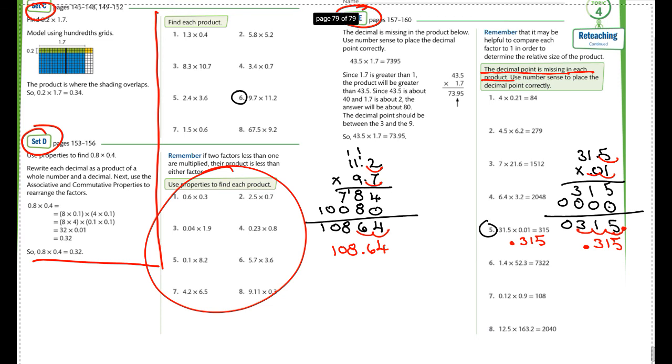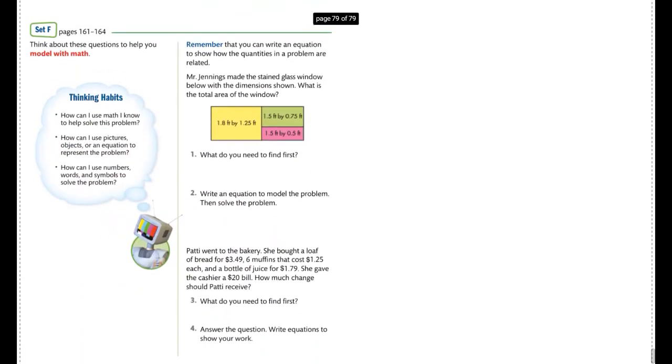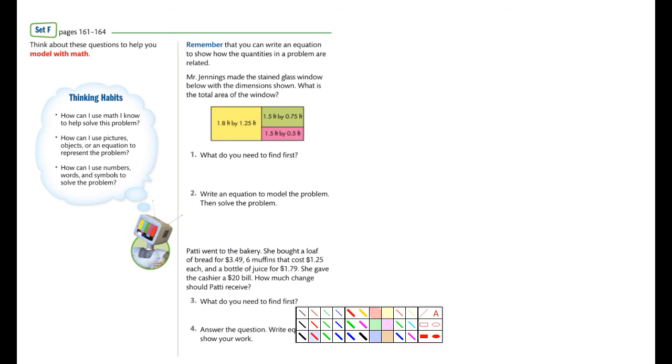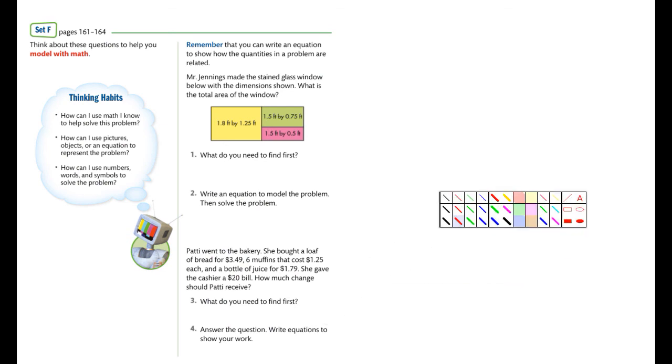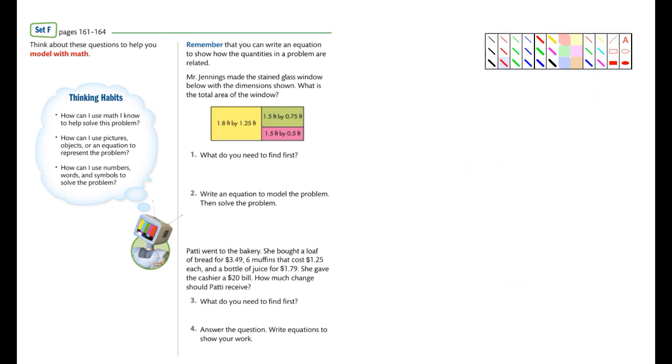Let's see here. Set F, this is the last page I want you guys to do for part of your review. And it says, think about these questions to help you model with the math. And it says, remember that you can write an equation to show how the quantities in a problem are related. It says, Mr. Jennings made the stained glass window below with the dimensions shown. What is the total area of the window?